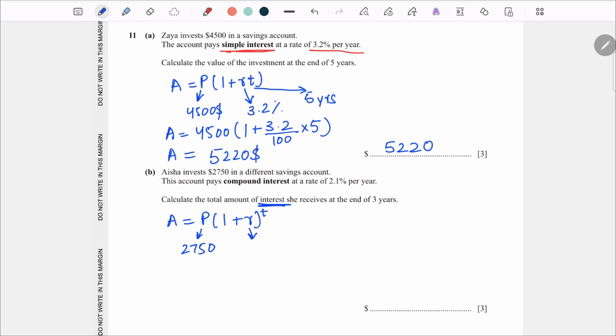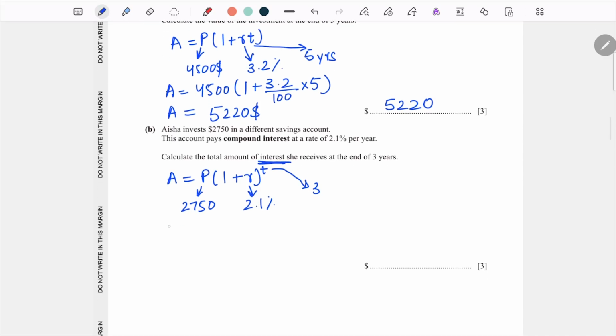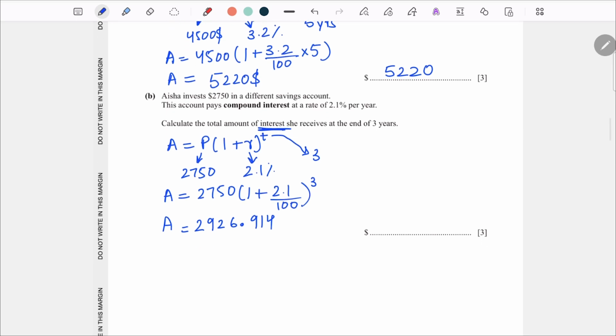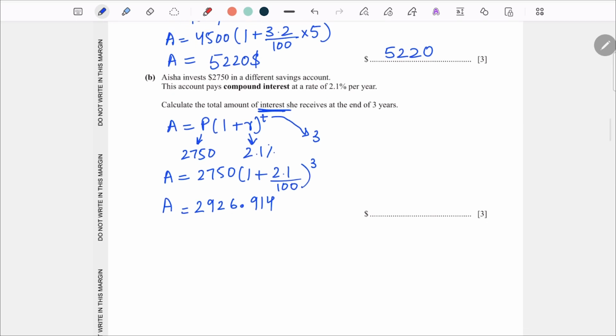R is the rate of compound interest, which is 2.1%, and T is the time period, which is 3. So the total amount after 3 years will be 2,750 multiplied by 1 plus 2.1 divided by 100 to the power 3, and this will be 2,926.914. This is the total amount that she'll be getting after 3 years.